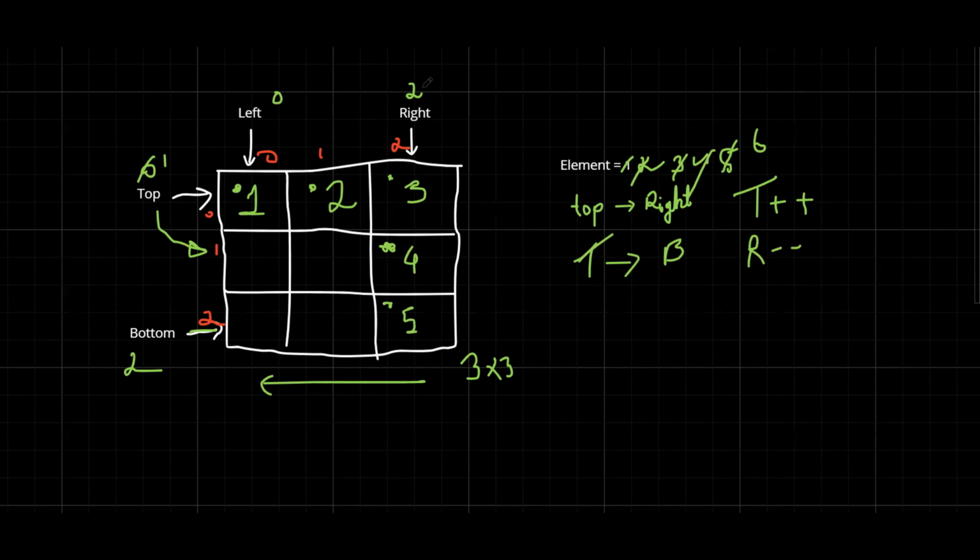That means the right value is 1 right now instead of 2. Now, we have to run a loop from right to left, where the right value is 1. So right is pointing here. And left value is 0. So left is pointing here.